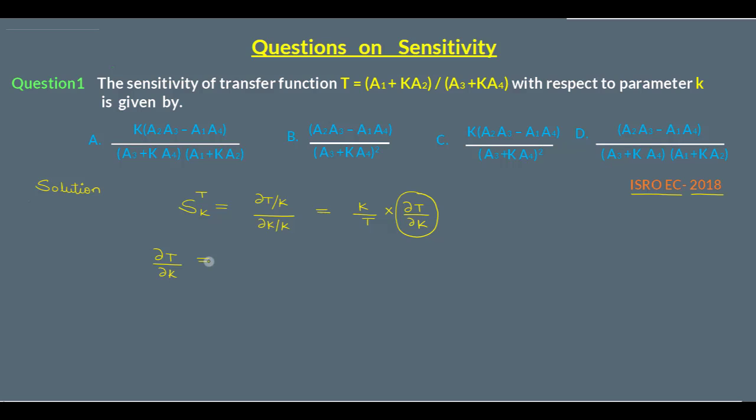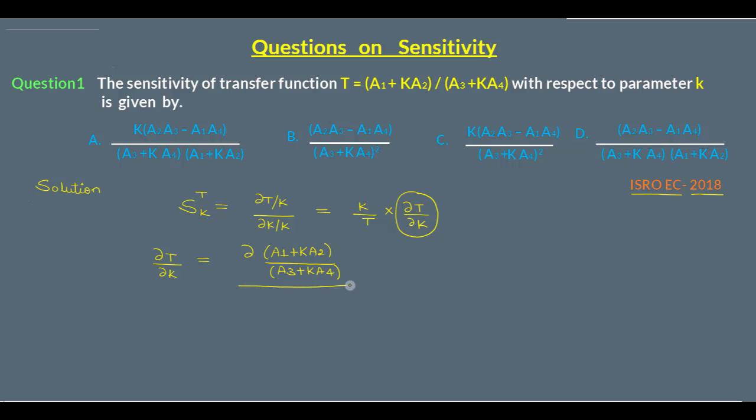We have the transfer function value T, and it is nothing but (A1 plus K A2) upon (A3 plus K A4).